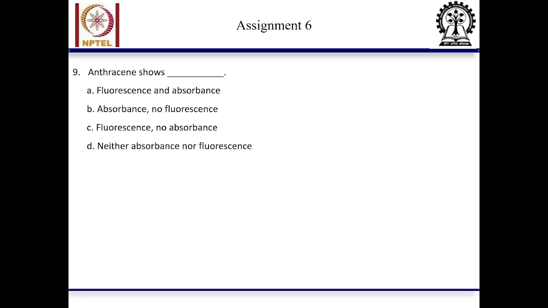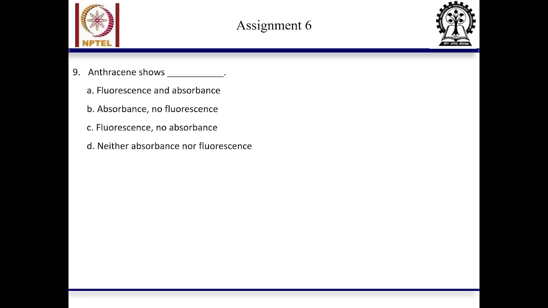Okay, next question. Anthracene shows: option A, fluorescence and absorbance; B, absorbance, no fluorescence; C, fluorescence, no absorption; D, neither absorbance nor fluorescence.